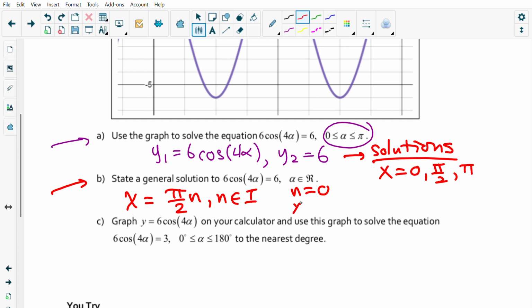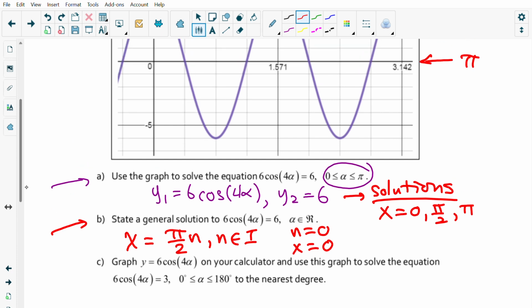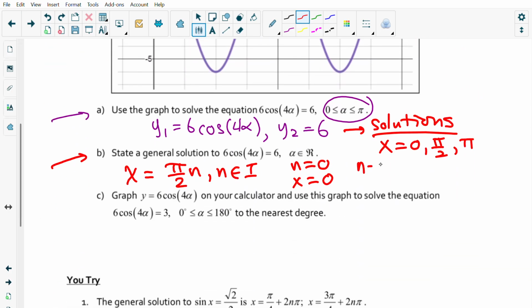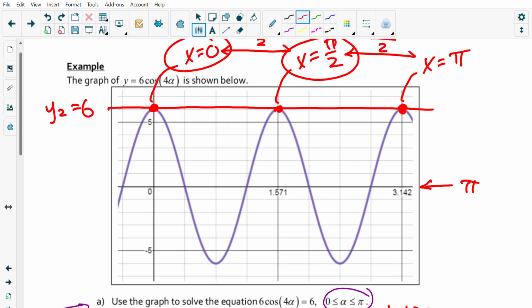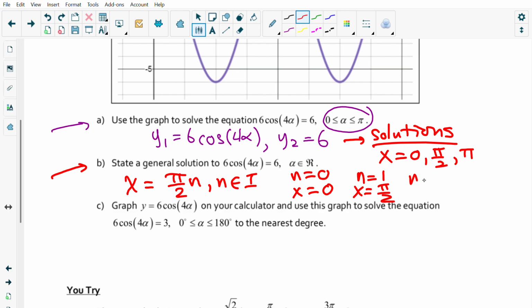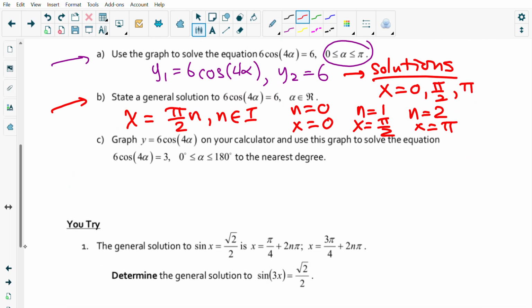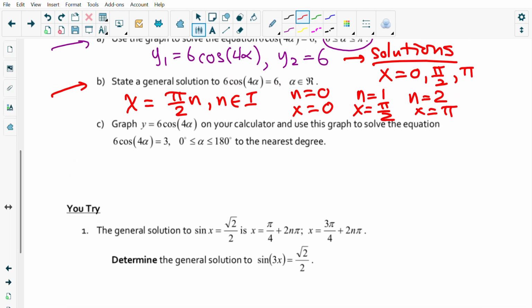So when n equals 0, x equals 0, and that's what we get, right there. n equals 1, x equals pi over 2, and that's what we have here. And so on. So n equals 2, x equals pi, and that's that solution. And you keep going on and on in the positive or negative directions, you got your general solution.